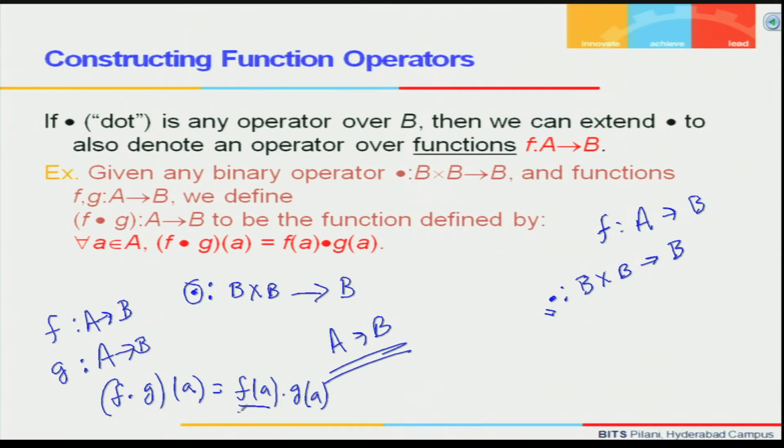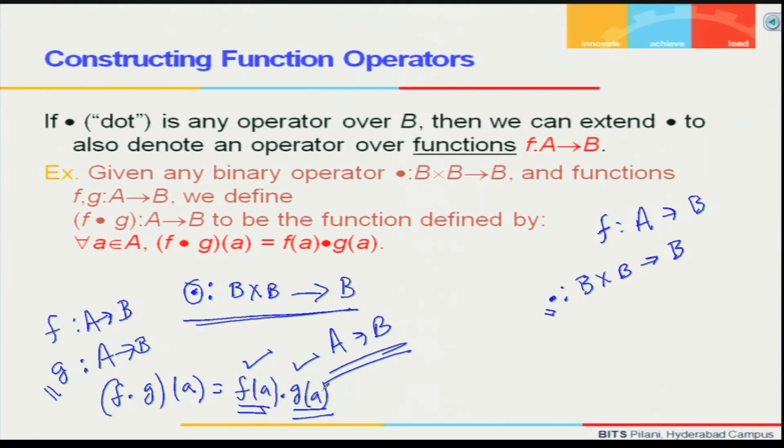Basically f of a will be an element in B. Why? Because f is a function from A to B. Whenever f takes a value from A, it will have its image in B. So this is an element of B, and because g is also a function from A to B, g of a will be an element of B. You have two elements of B, and this operator works from the Cartesian product B cross B to B, so you can put this operator over here.